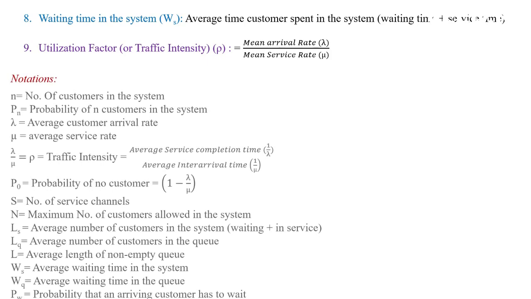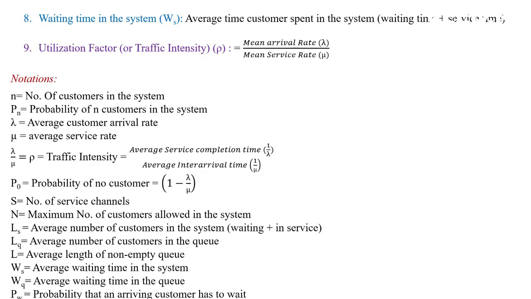Next, the notations. Small n is the number of customers in the system and capital N is the maximum number of customers allowed in the system, that is, the capacity of the system. Pn is the probability of n customers in the system. Lambda is the average customer arrival rate, mu is the average service rate, and rho is the traffic intensity, lambda by mu.